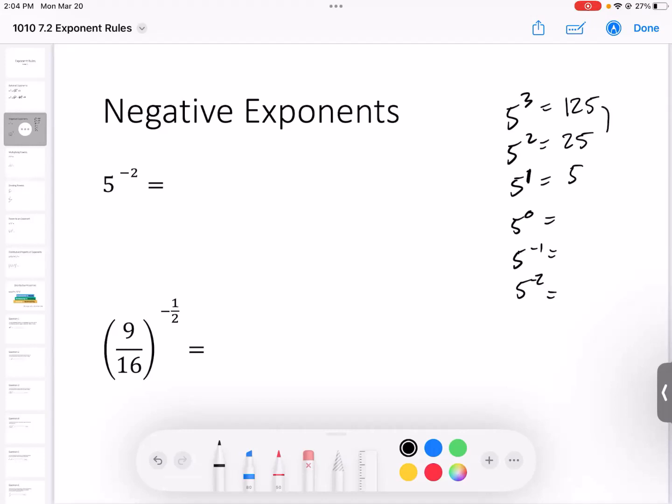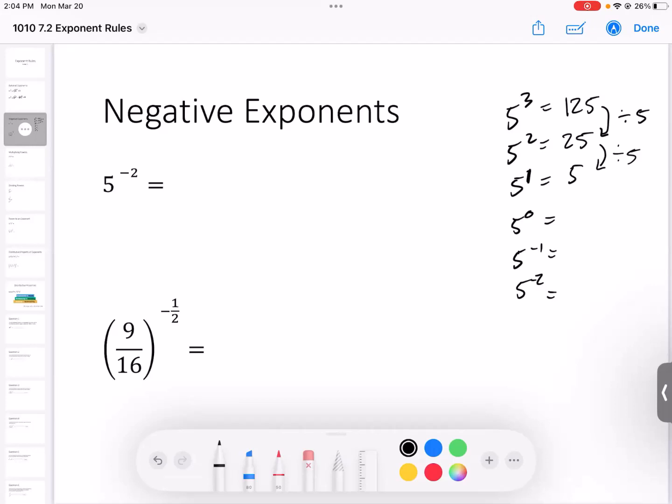Yes, perfect. And what are we dividing by? Perfect. Yep, because if you divide by 5, that will give you the next result, right? Which makes sense because the way that we found 125 was we took 5 times itself 3 times. Well, 5 times itself 2 times is going to be that result divided by 5.